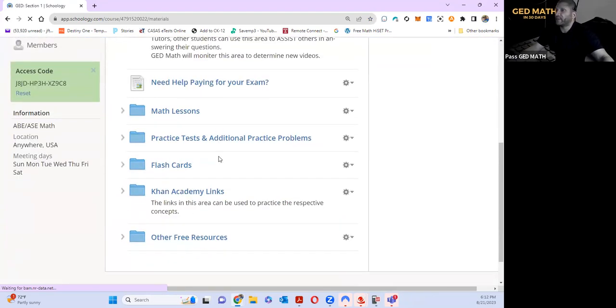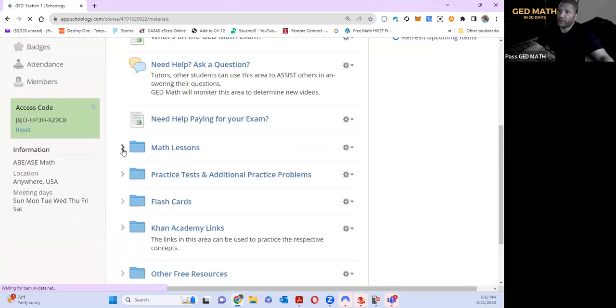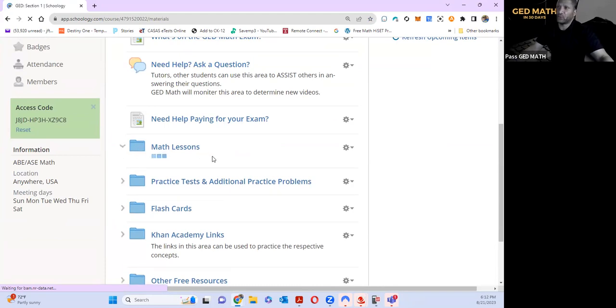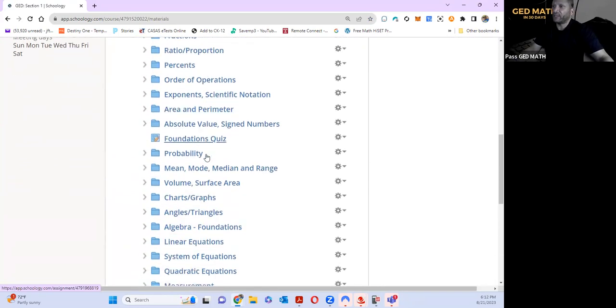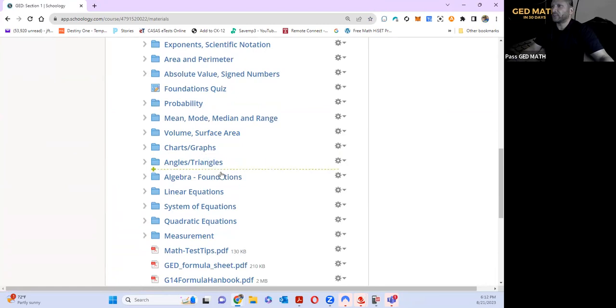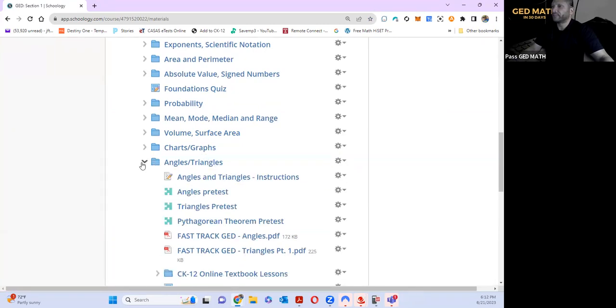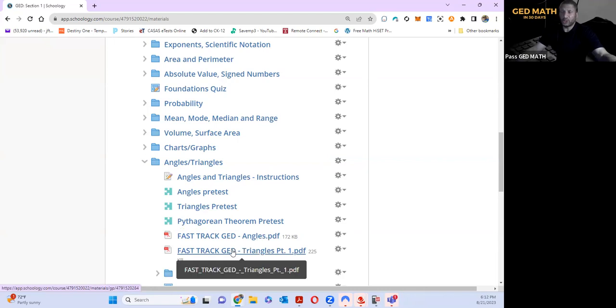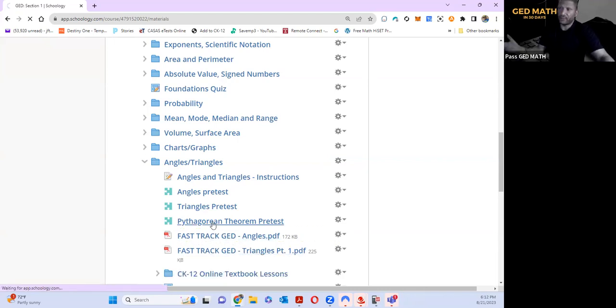So one thing, if you're confused about Pythagorean theorem, you can use Schoology and go under math lessons and go into triangles. Now, there we go right there. Angles, triangles, Pythagorean theorem. Okay, here's a PDF on just quick stuff you need to know about angles and triangles, but let's go to Pythagorean theorem pretest.